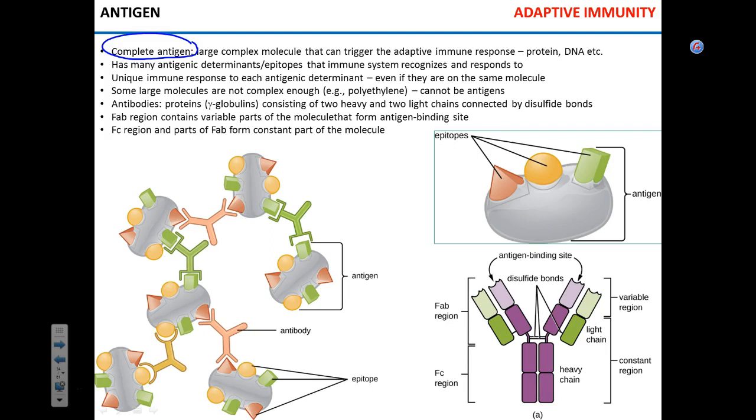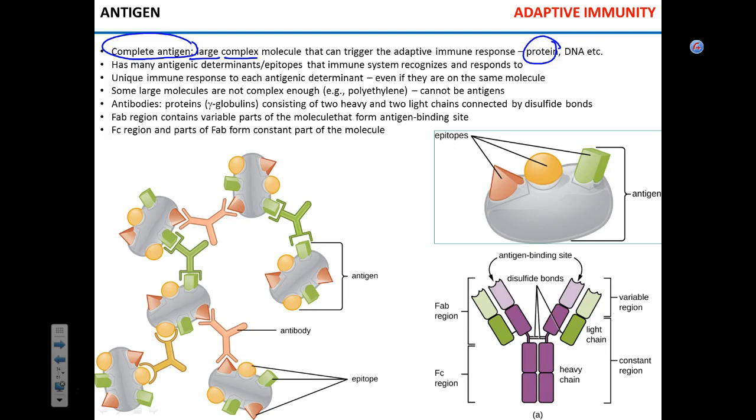So, two characteristics are necessary for the antigen to be complete. Large and complex molecules. They have to be both large and complex, and you will see that not every large molecule is complex and vice versa. When we say antigen, in 99% of cases, we mean a protein of sorts.